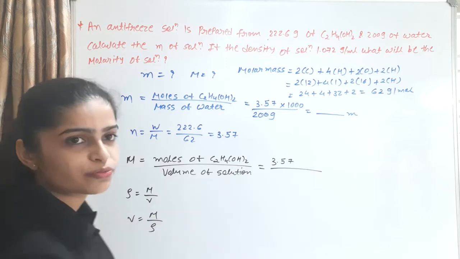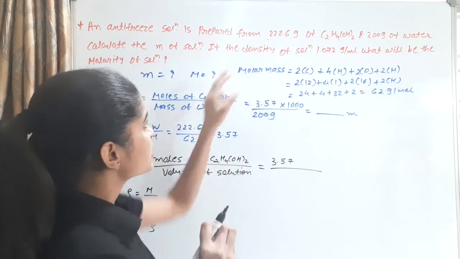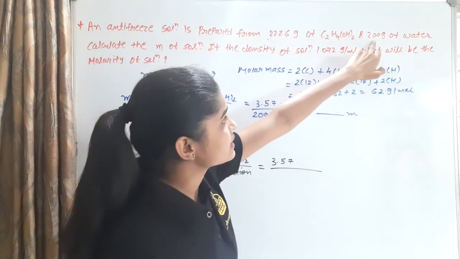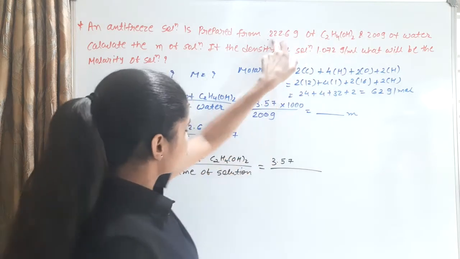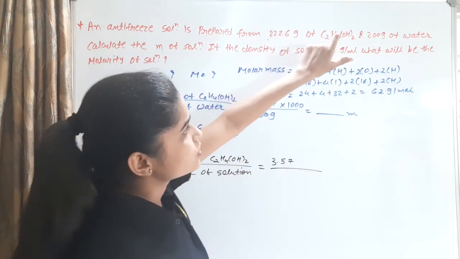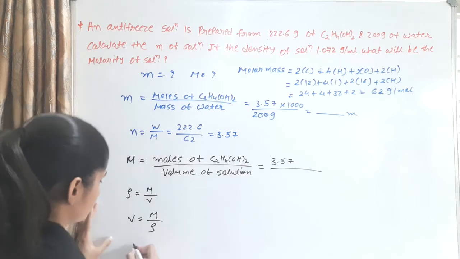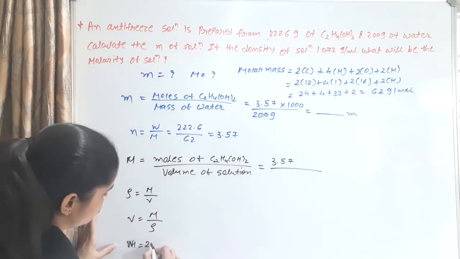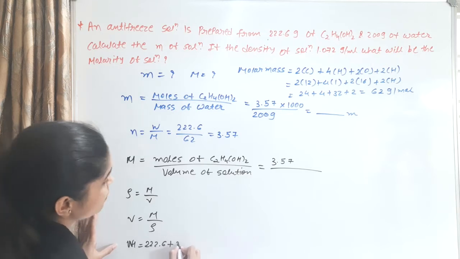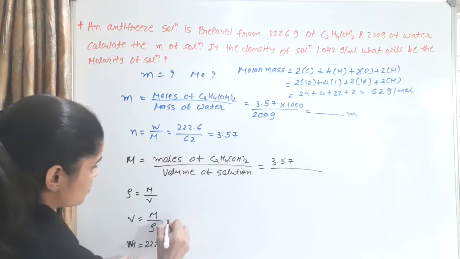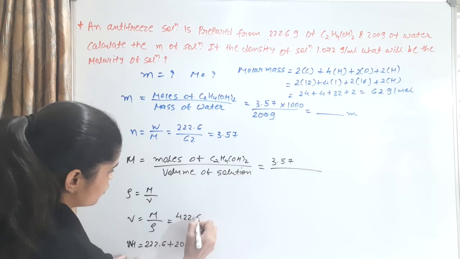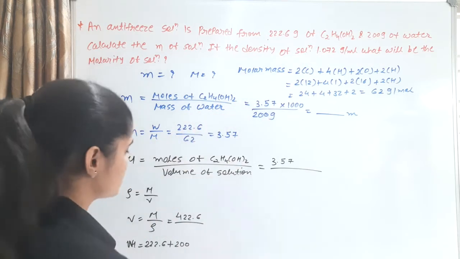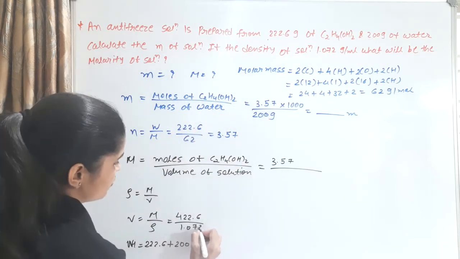M is the mass of solution. In this, there is the solute and the solvent, so solvent plus solute is equal to the mass of solution. So mass of solution is 222.6 plus 200, that is 422.6, divided by the density 1.072.